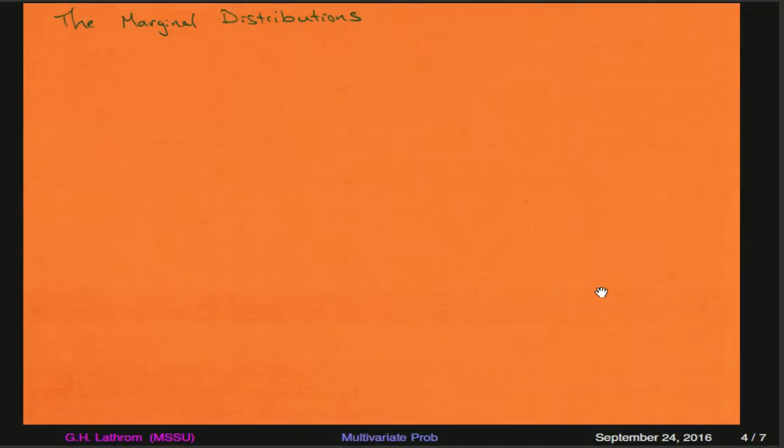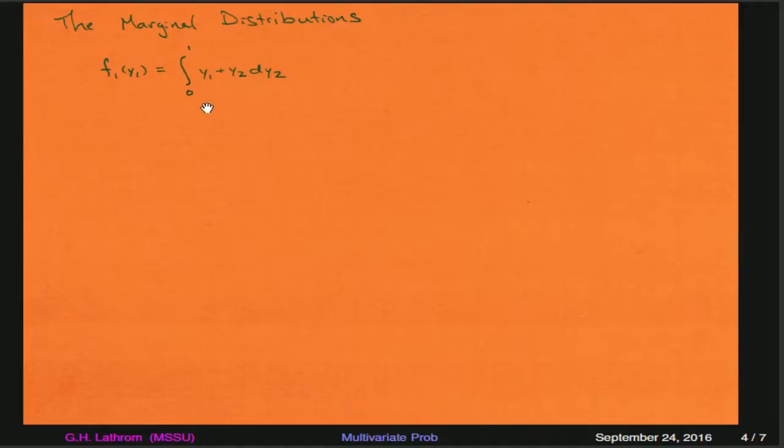So now let's talk about marginal distributions. For the marginal distribution for y sub 1, we integrate over all of the values for y sub 2. So f sub 1 of y sub 1 is going to be the integral from 0 to 1 of our PDF, (y sub 1 plus y sub 2) dy sub 2.